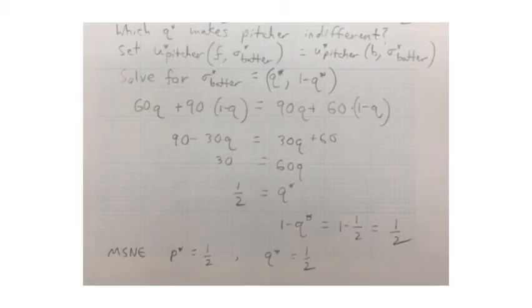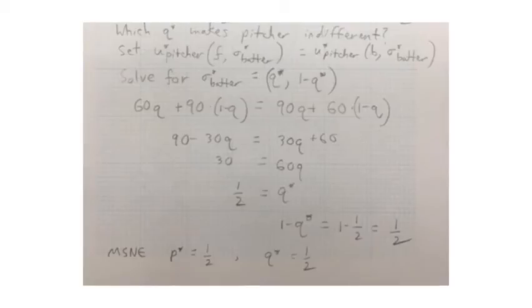If we do that, we get that Q star is also equal to 1/2, and 1 minus Q star equals 1/2. So in this mixed strategy Nash equilibrium, the pitcher is pitching a fastball half the time, the batter is swinging for a fastball half the time, and similarly with a breaking ball, the pitcher is pitching breaking ball half the time, the batter is swinging for breaking ball half the time.